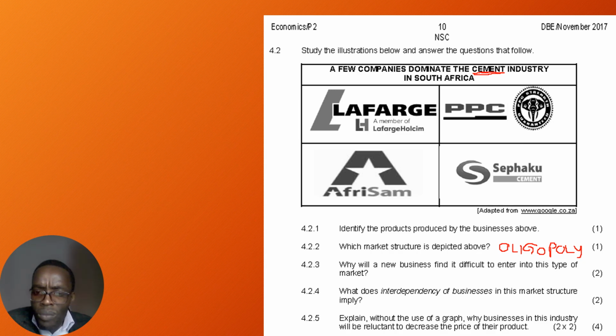why will the new businesses find it difficult to enter into this type of market? Now, what we already know about these oligopoly markets is that these products have already been established. These are already big companies.